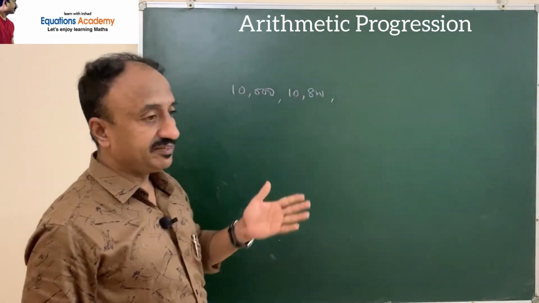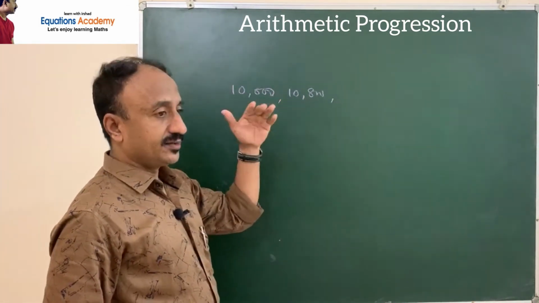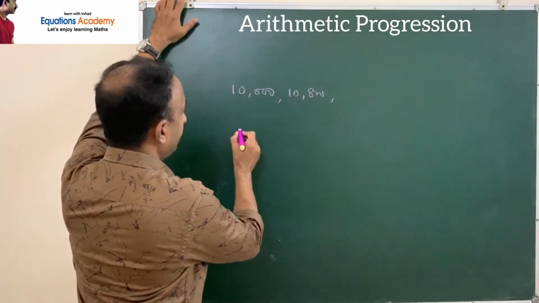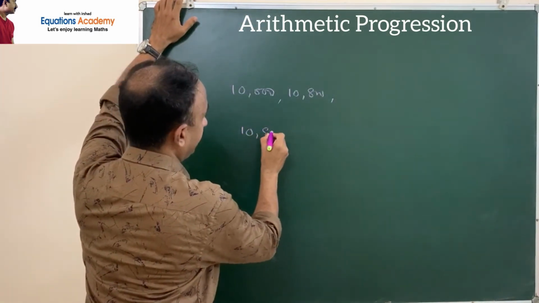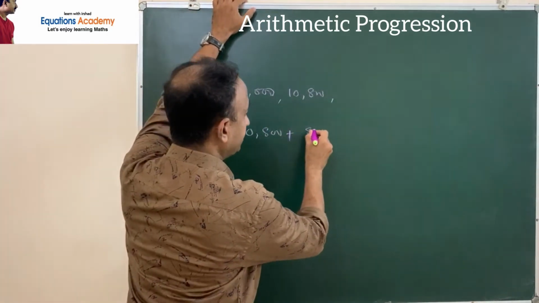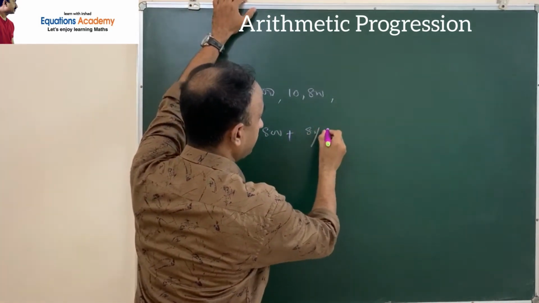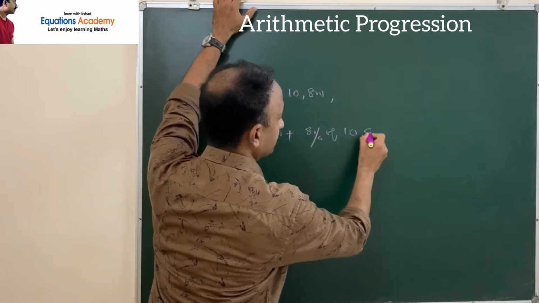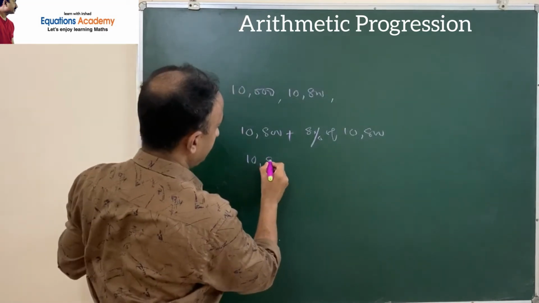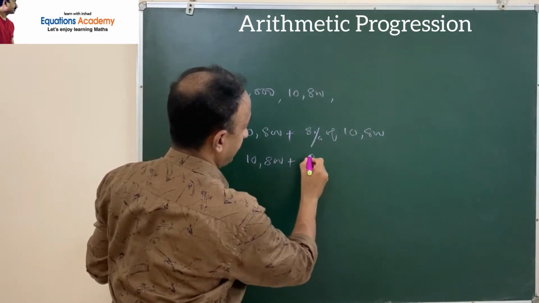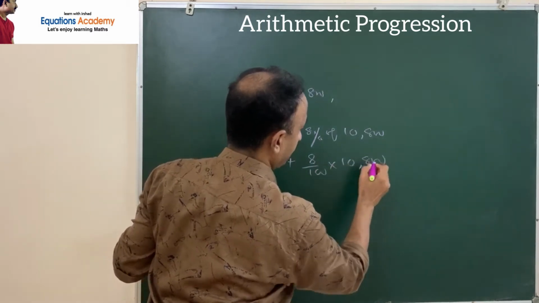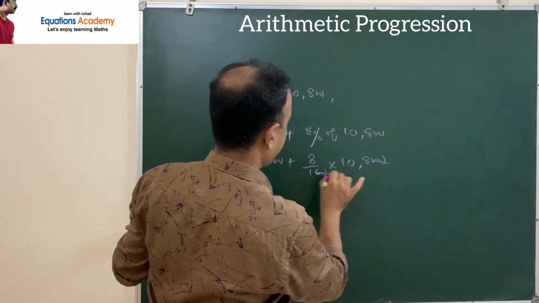In the next year he will again get an interest of 8% of this amount. So next year he will get 10,800 plus 8% of 10,800. This is equal to 10,800 plus 8 divided by 100 into 10,800. The 0s cancel.